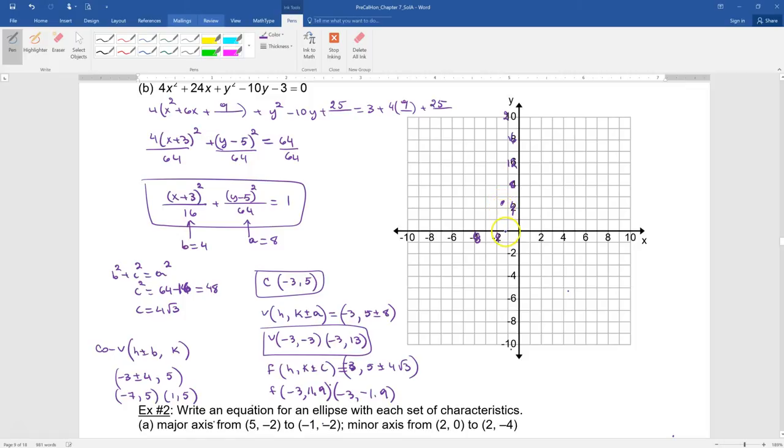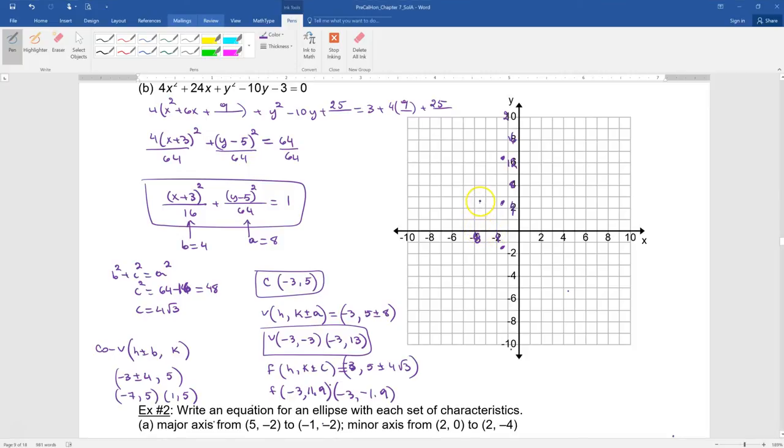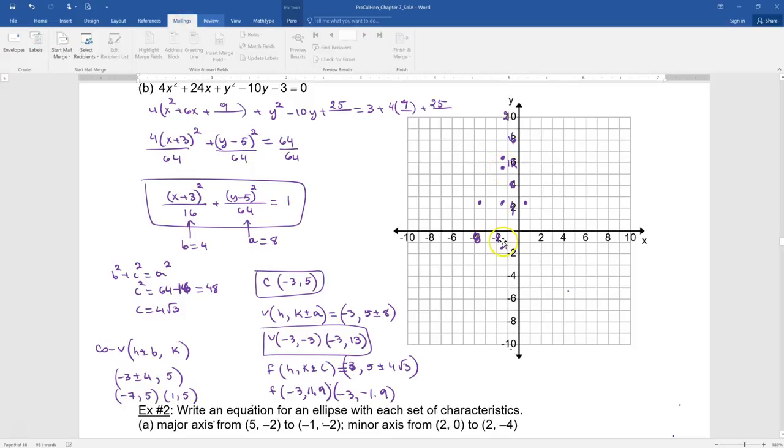Negative 3 comma negative 3. Negative 3 comma 13. And then the covertices are negative 7 comma 5 and 1 comma 5. And then the foci, negative 3 and 12.9, negative 3 and negative 1.9.